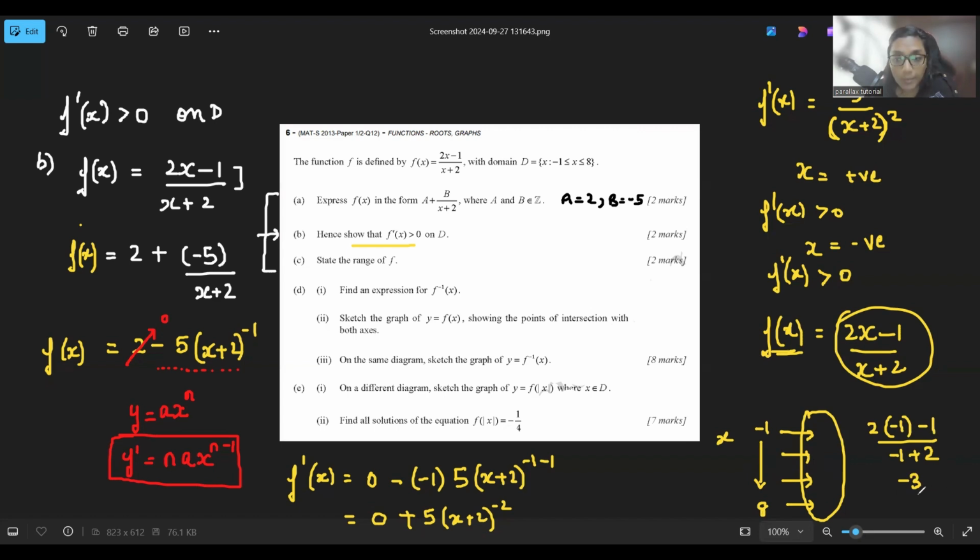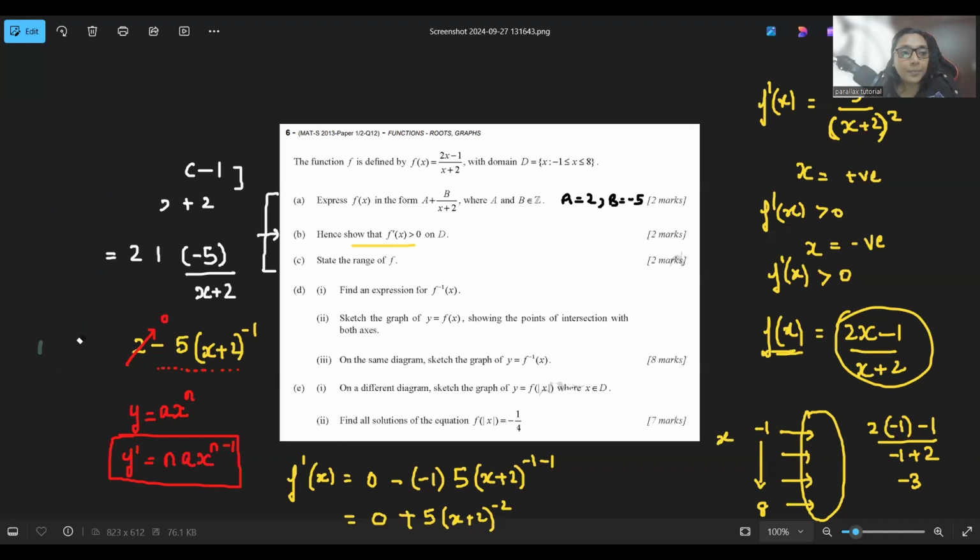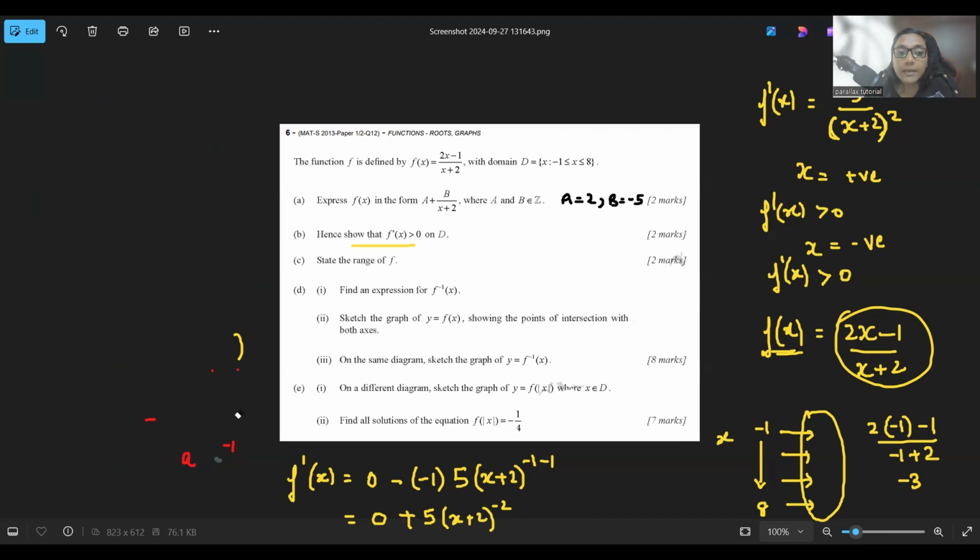That's one part. And if we input 8 into the function, I'm going to erase the left-hand side now, since we have already covered the B part. So we're going to input 8, which is the other end of the domain, just to see what we get the function as.